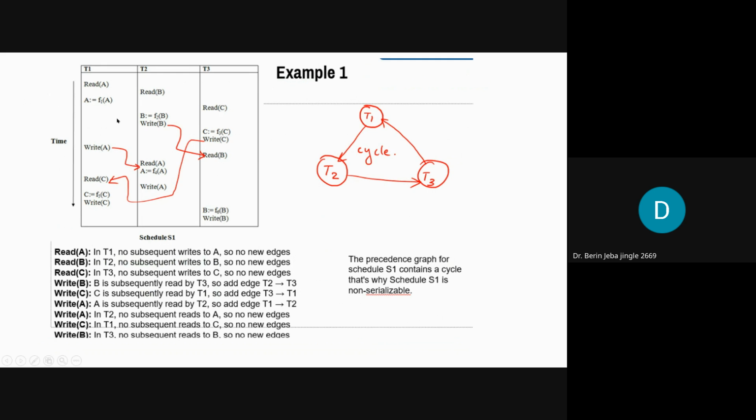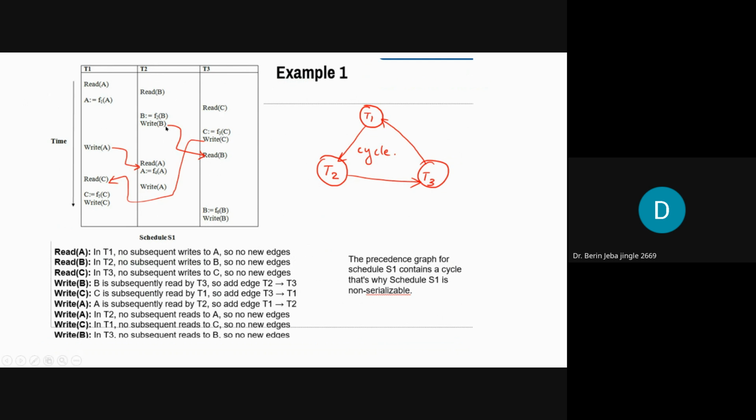Now when we look at transaction T2 again, two things are executed: first write B, and only then the read operation should be performed. So first write, then next read.